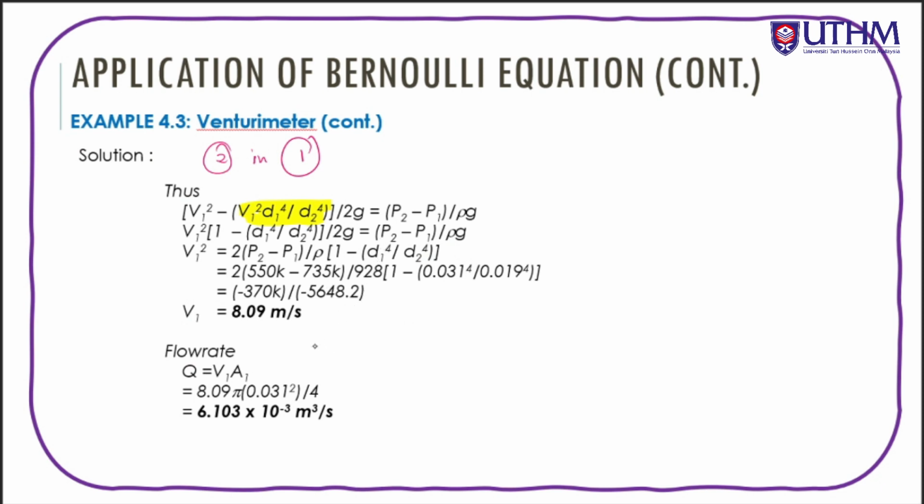Okay, and then we will get the value of V1 equals 8.09 meter per second.